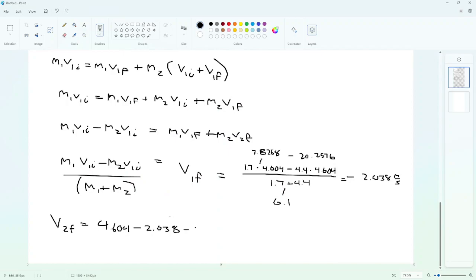Minus initial, which is 0. So the difference between that, 4.604, is just going to be equal to 2.5662 meters per second. So now that we have the velocities, we can go ahead and proceed with the last question.